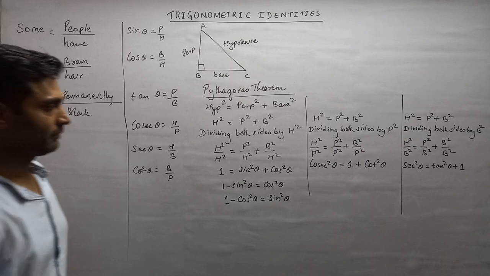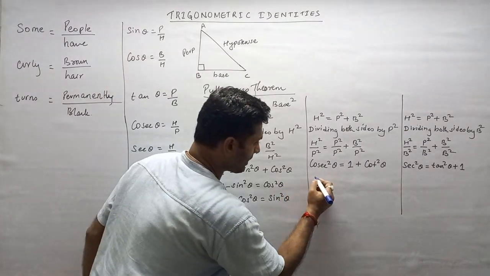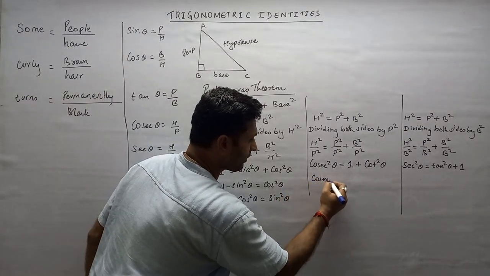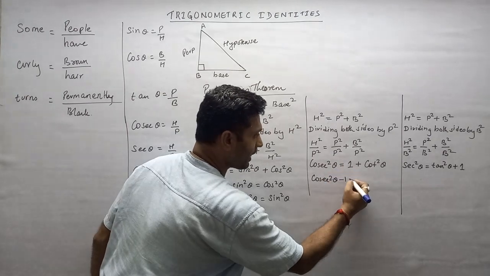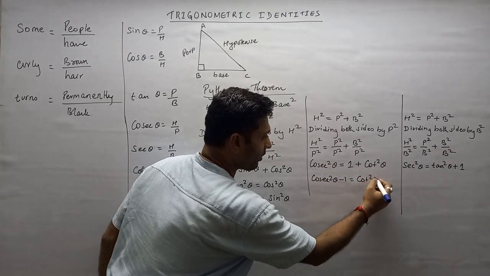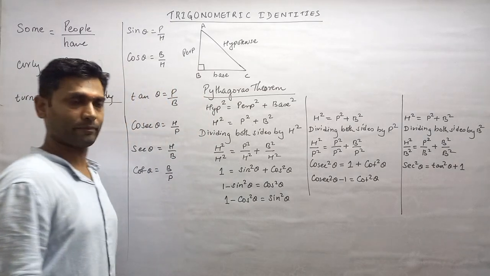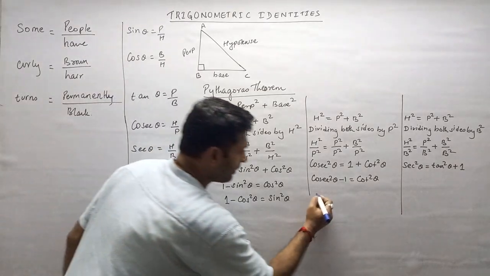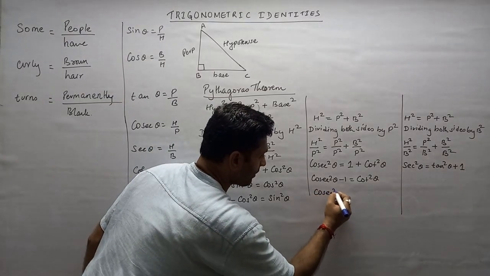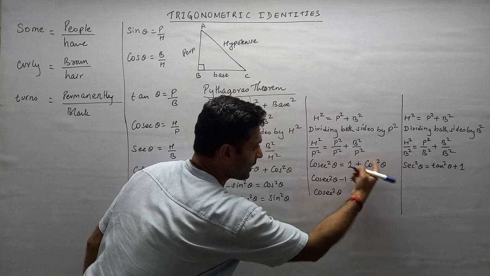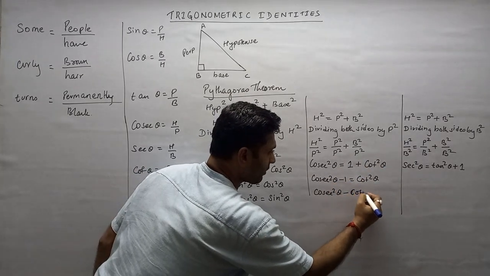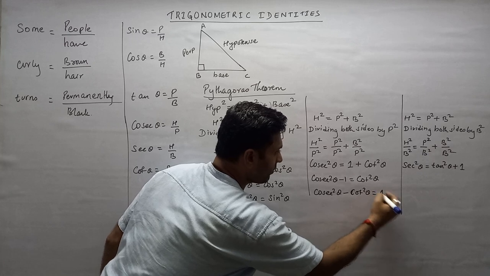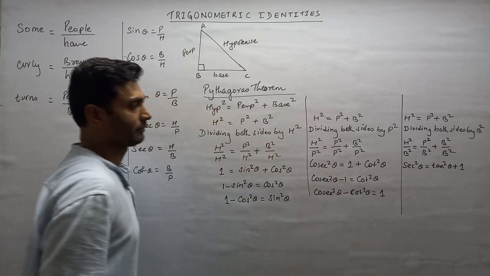Likewise, in this case, if I write cosec square theta minus 1, I'll take this 1 to the left hand side. This is cot square theta. Let me bring this cot square theta to the left hand side, cosec square theta minus cot square theta is equal to 1. 1 will remain.